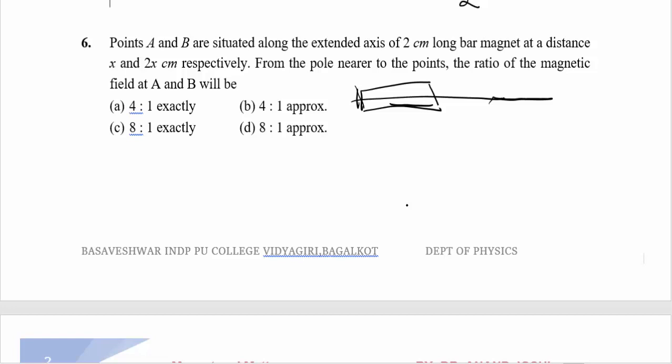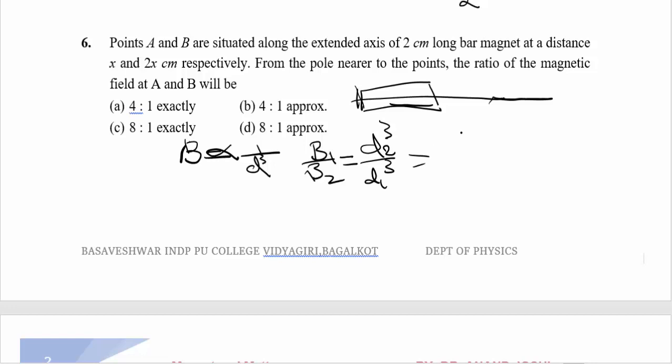We know that the magnetic field is inversely proportional to d cube. So if you write B1 by B2, the answer will be D2 cube by D1 cube.